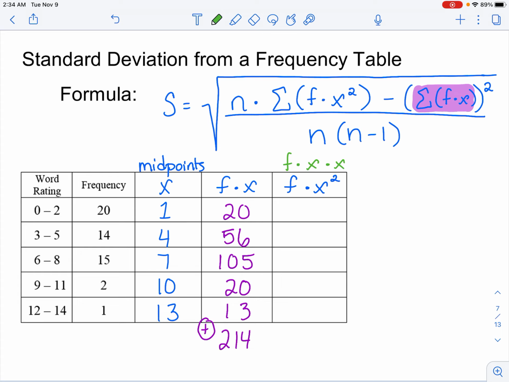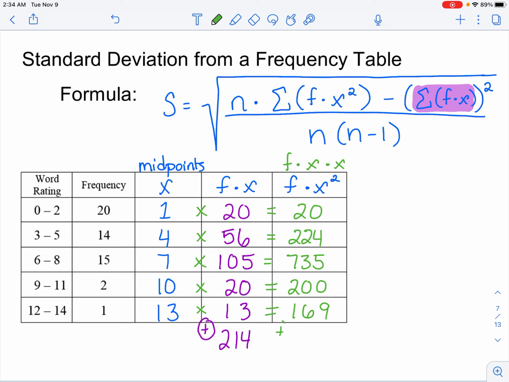All right, so I'm doing 1 times 20 is 20. Then the next one, 4 times 56 is 224. Then 7 times 105 equals 735. Then 10 times 20 equals 200. Then 13 times 13 equals 169.